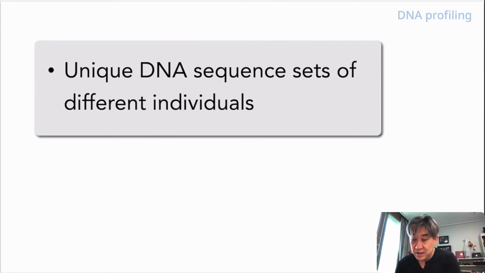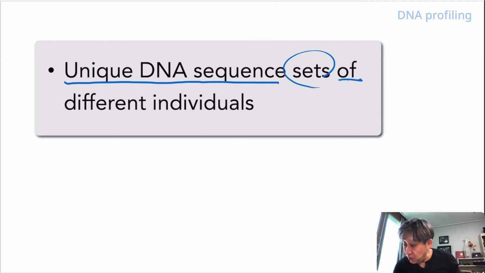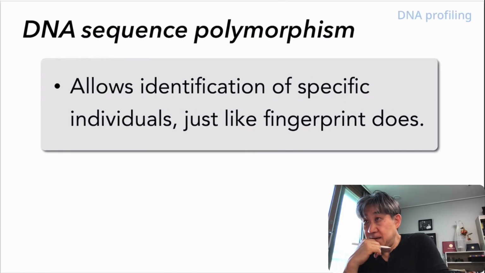So the bottom line is, what you can say about DNA profiling is that it is unique DNA sequences, but they exist as a set in terms of different repeat numbers also. So unique DNA sequence sets are present in different people, different individuals.